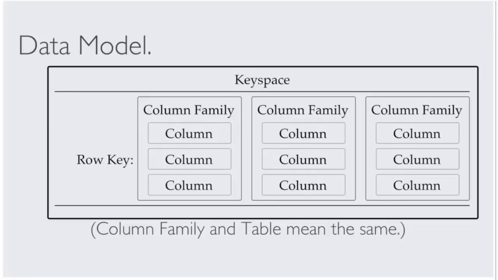The column family is, as the name implies, a collection of columns, and a row can have different columns in different column families, and different rows can have different columns in different column families. And inside the column family, all the columns are ordered and addressable by their name. This is a very flexible model.